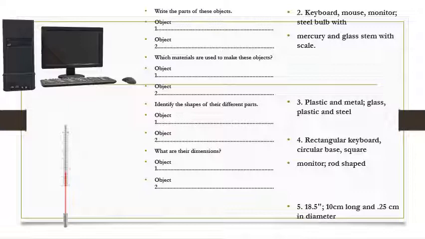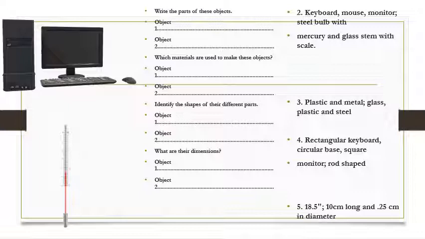Which materials are used to make these objects? First one, computer is made of metal and plastic. Second one, thermometer is made of plastic, glass and steel. Identify the shapes of their different parts. You look at a keyboard, that is rectangular.